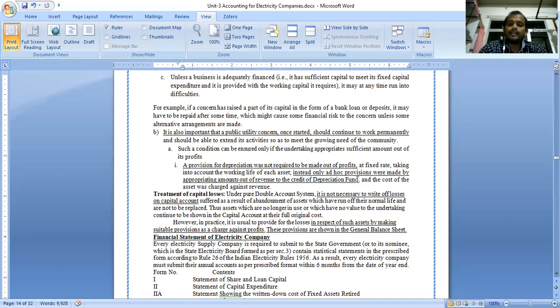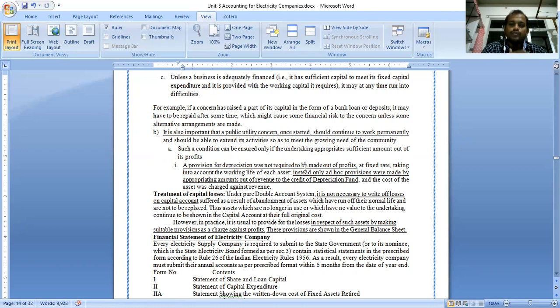So likewise, replacement of asset is also the same. Why like that? Because in the replacement of asset, what we do, we just replace one asset with the new one. We are taking out the old one and we are inserting the new one. Instead of doing that, what this double account system is suggesting is we have to maintain the old asset cost, and whatever the extra charge for the new asset, we just mention only that extra cost in the balance sheet, in the capital account.